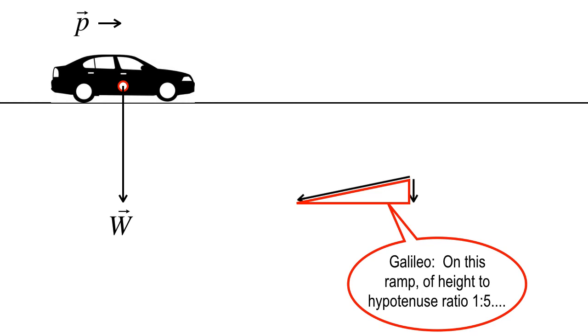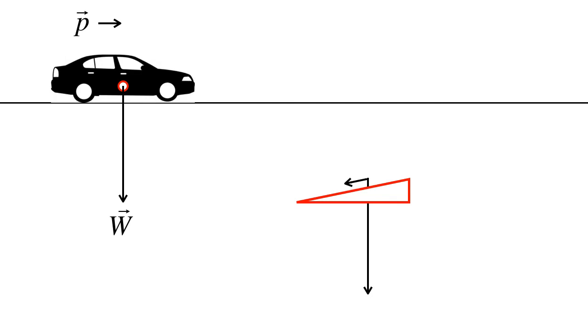And Galileo said, all right, your contention is a ratio of 5 to 1. Okay. And he said, look, if you take a ramp that's 5 to 1, in other words, it's 5 units of length on the hypotenuse and 1 unit of height on the vertical part, then if you do that, the amount of gravity on that ramp is proportional to gravity in exactly the same proportions as the triangle itself.